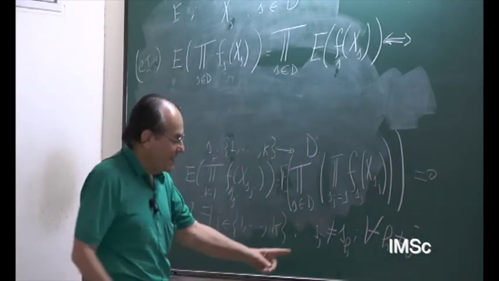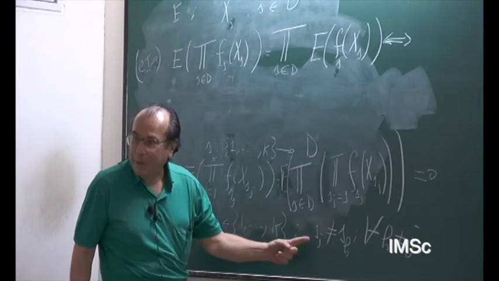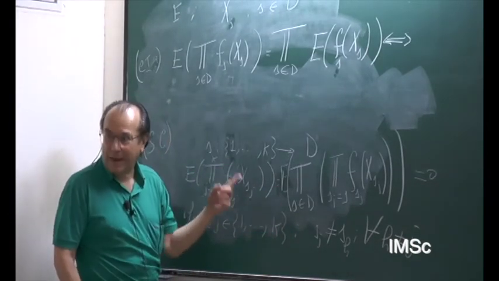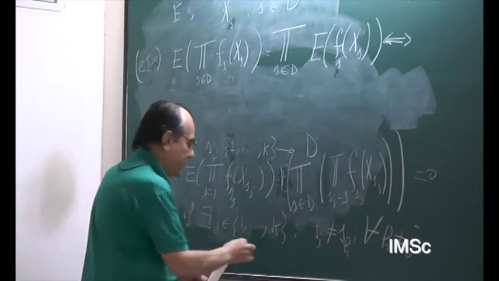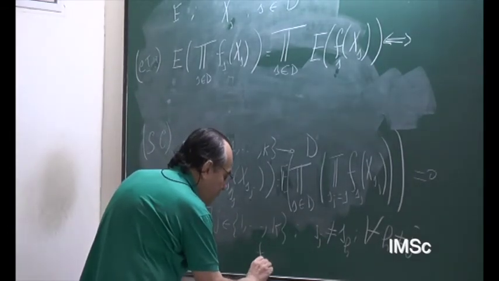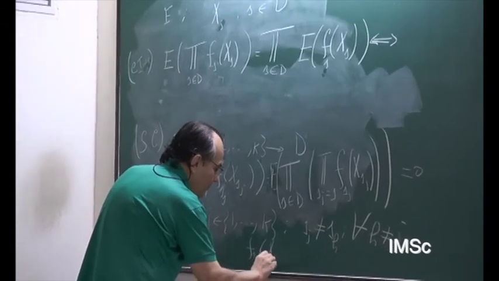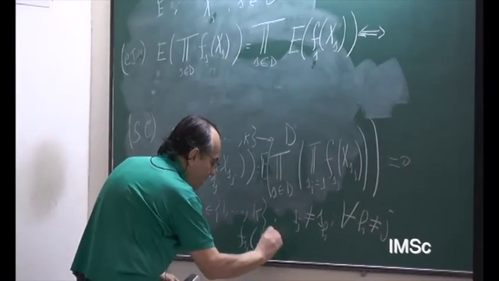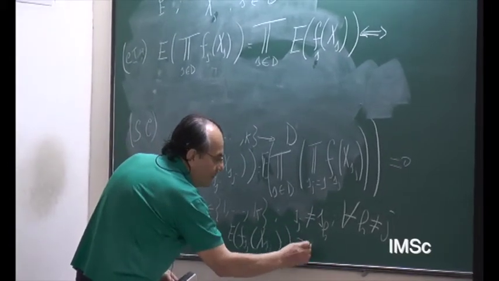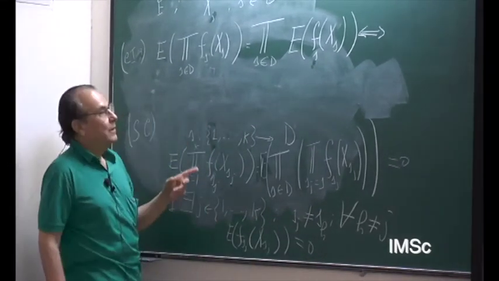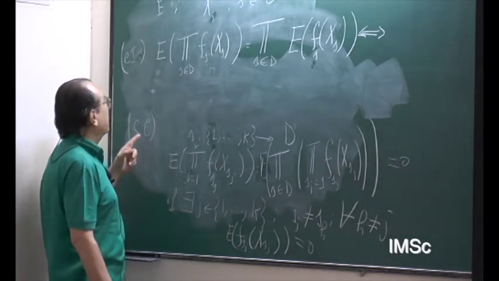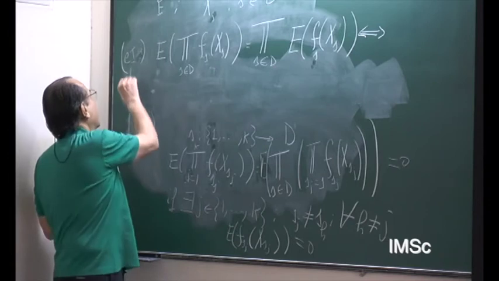So the index Sj will be the only one: it will appear in this product only once. And the function corresponding to this index, Xsj, will have 0 expectation. So, as you see, it's clear that this implies this.